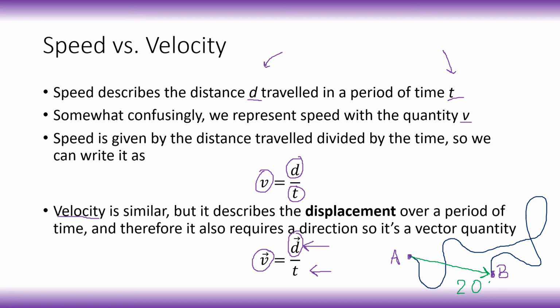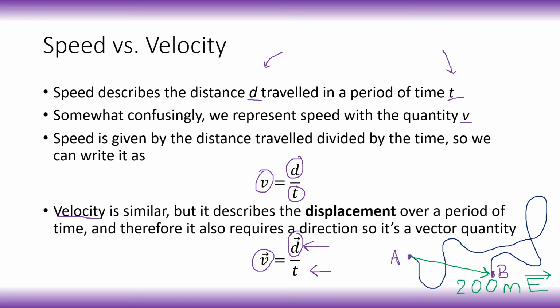So if your displacement is 200 meters, we'll simplify this and pretend that it's perfectly horizontal, and say that your friend's house is 200 meters to the east of your house.